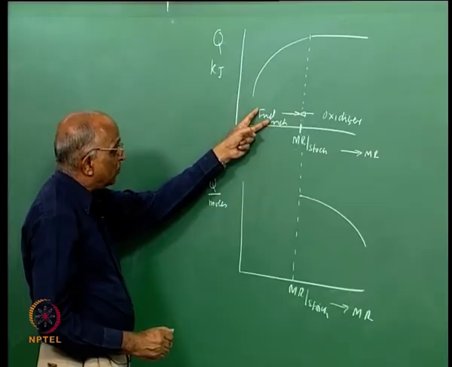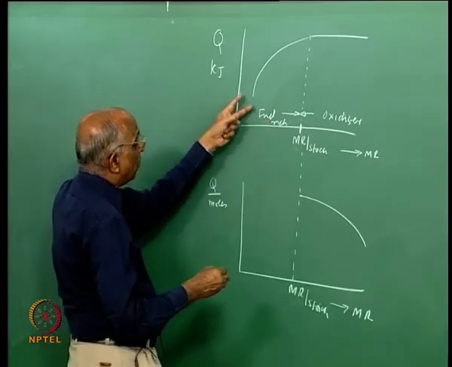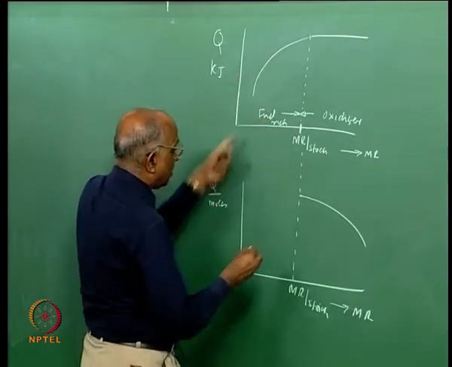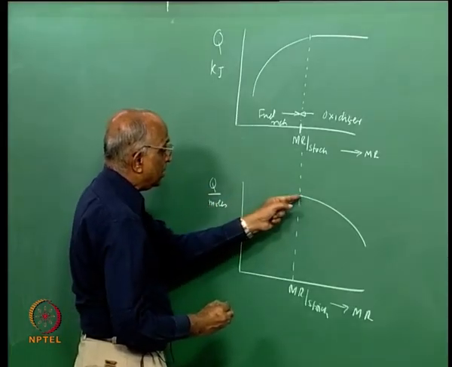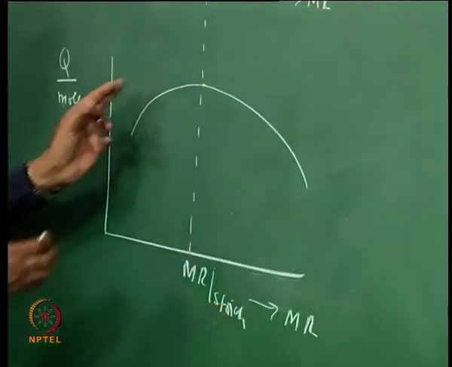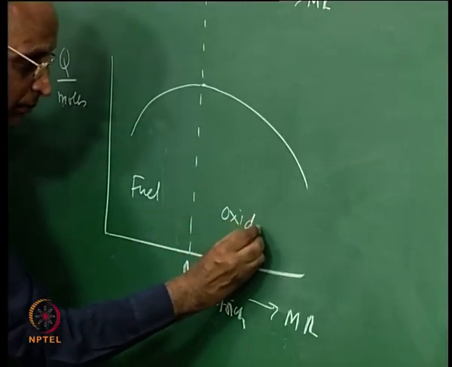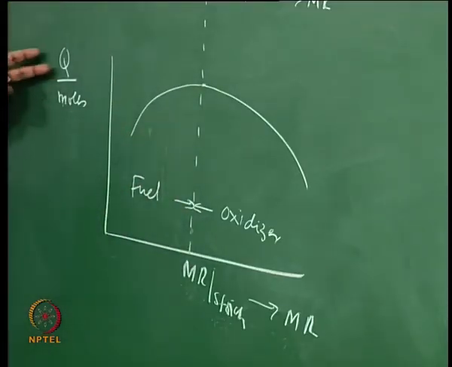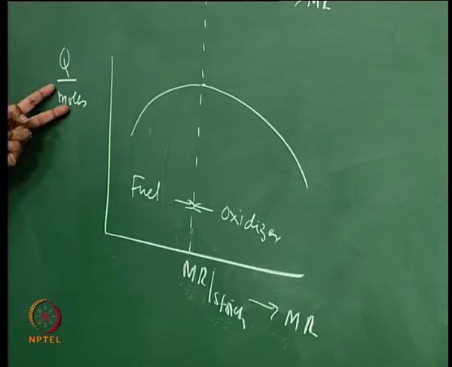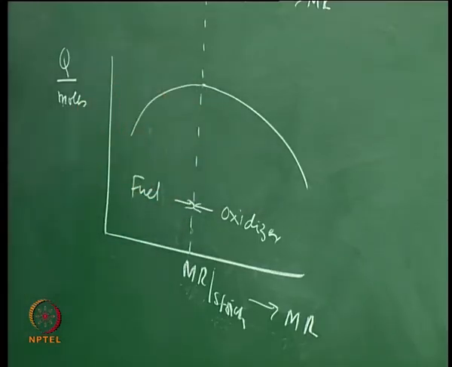Since it is fuel rich, I am not able to form that much of moles now, and therefore the number of moles decrease, and therefore this curve would become a little shallower here. Rather, the peak value of heat release per unit mole is still at stoichiometry, and either side, in the fuel rich side and in the oxidizer rich side, the curve begins to droop. In other words, the amount of heat release per unit mole has a behavior which gives maximum at the stoichiometric mixture ratio and falls on either side of it.